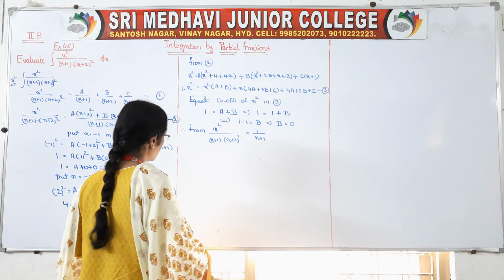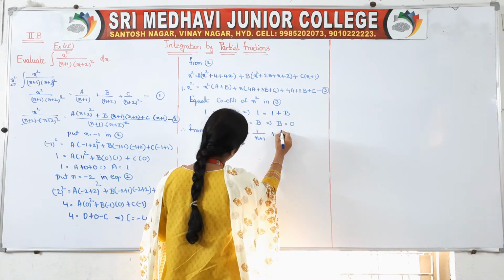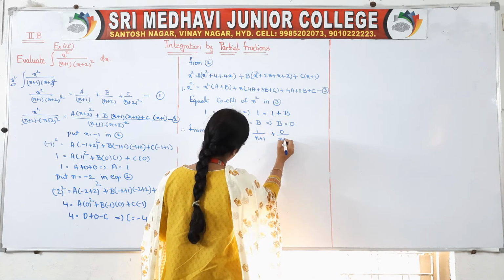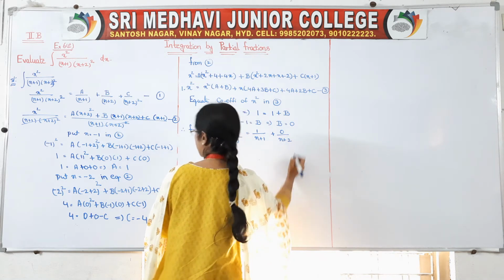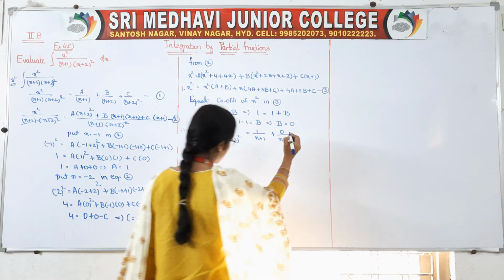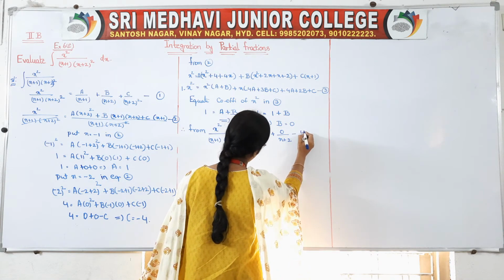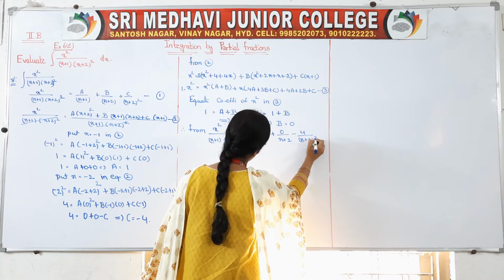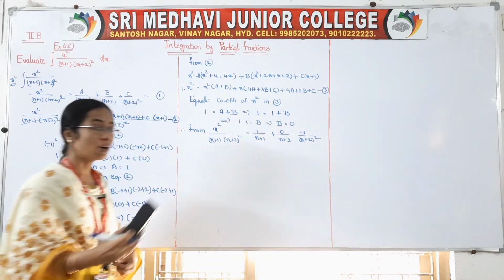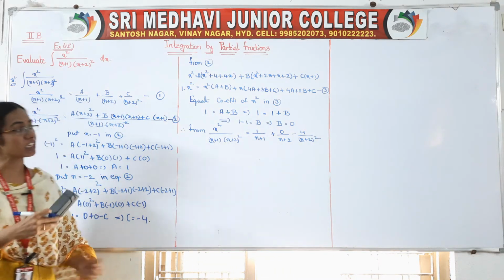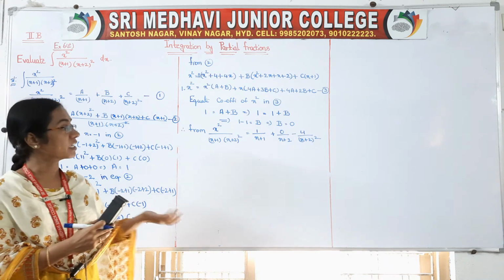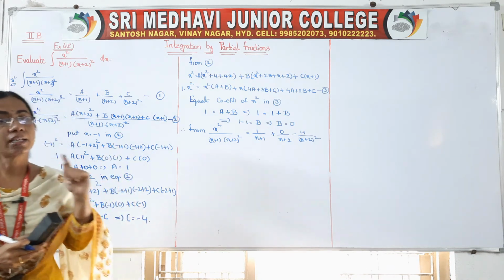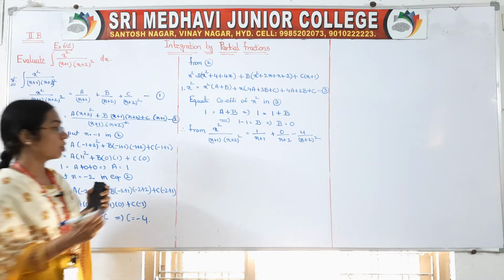Next plus b by, b is 0, 0 by x plus 2, plus c, c is minus 4, so minus 4 by x plus 2 whole square. So now we resolved the fraction into partial fractions. Now we can apply the integral for this problem.